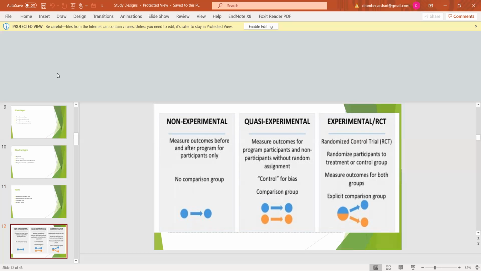And lastly, the experimental trials, which are the randomized control trials, in which randomization is done for inclusion of participants in the treatment group or the control group, and it measures the outcome in both groups.